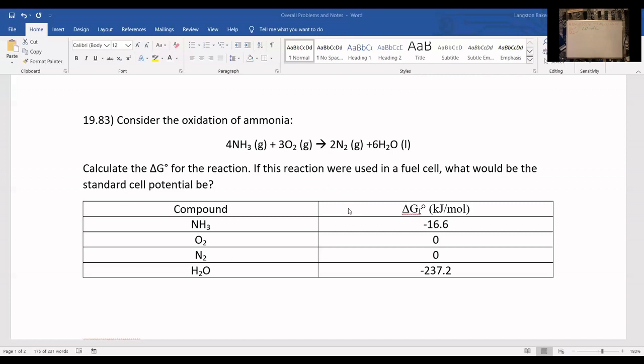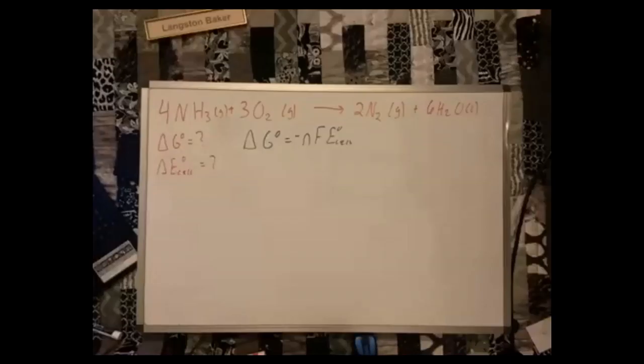Okay, hopefully you got it. I wrote down the gist of it over here as usual. I guess I should leave it up there so you can see the delta G's. Let me do that.